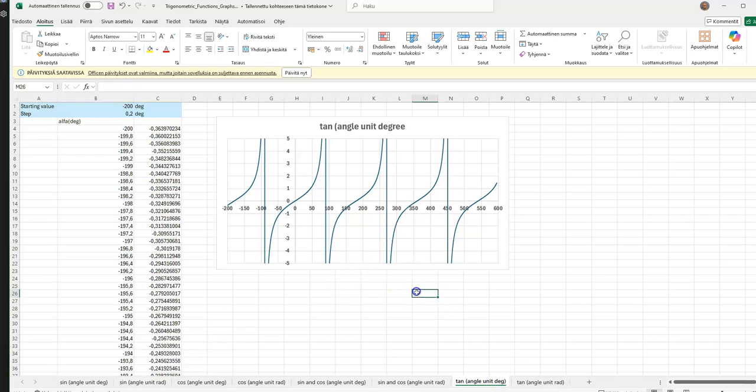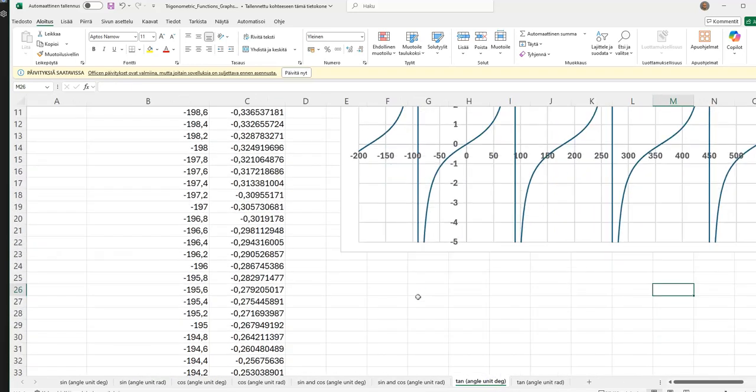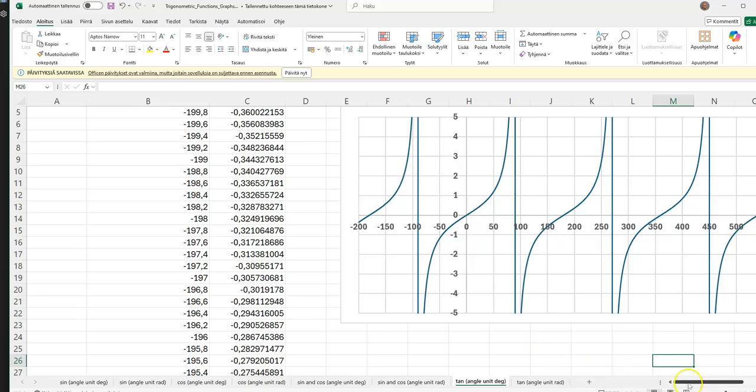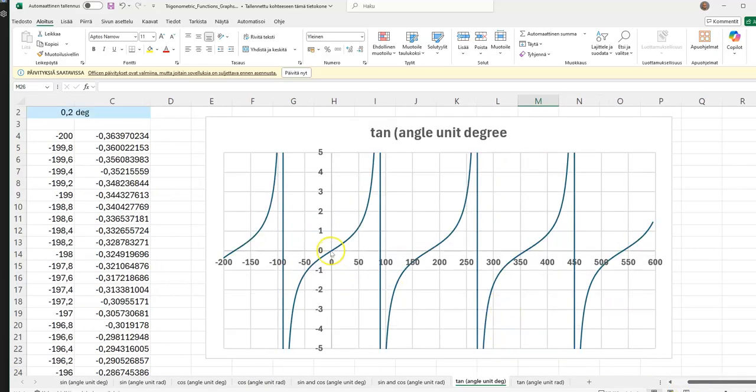Here we have this picture, or graph of tangent. We see that this tangent is some kind of logistic curve. Sometimes it is not a logistic curve, but it looks a little bit like that. There the tangent gets the value of 0, and the next place where it gets the value of 0.